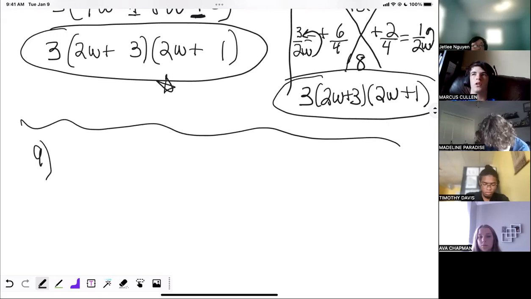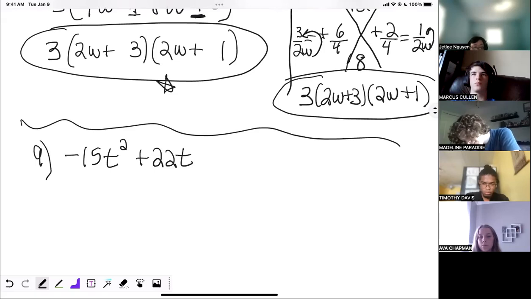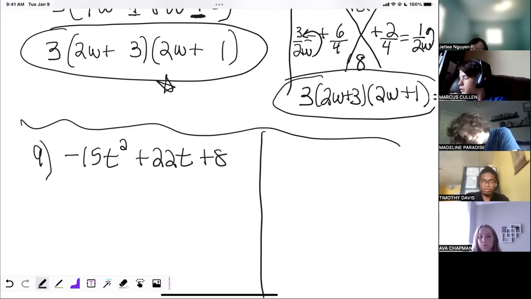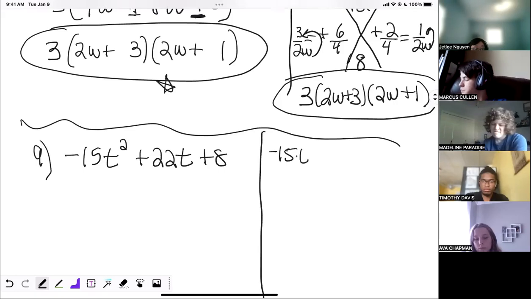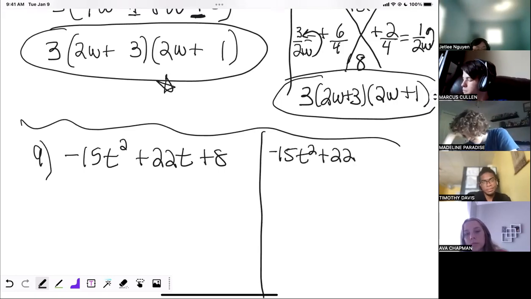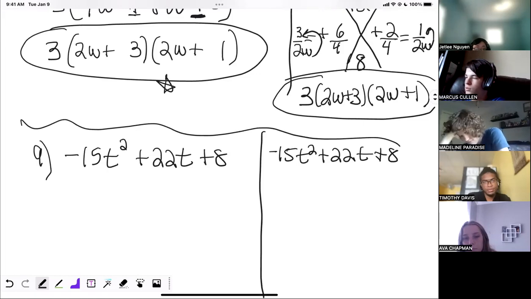Okay, minus 15t squared plus 22t plus 8. I'll do it both ways. I'm going to put it over here too. All right, number 1, I don't care which way I do it.